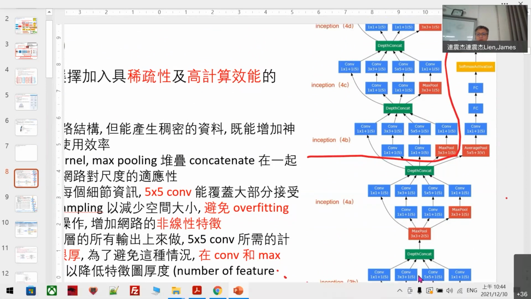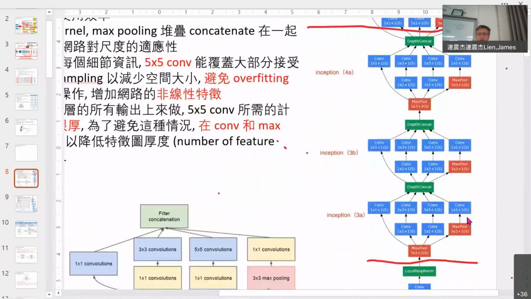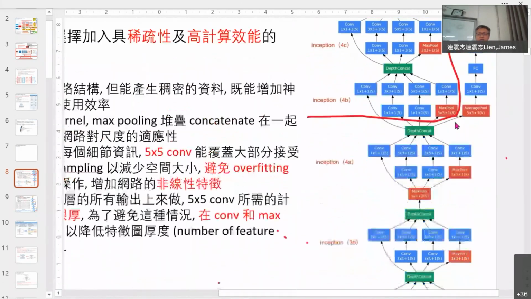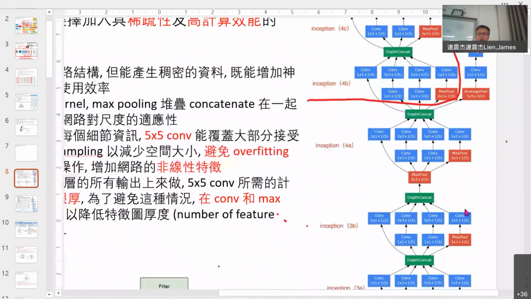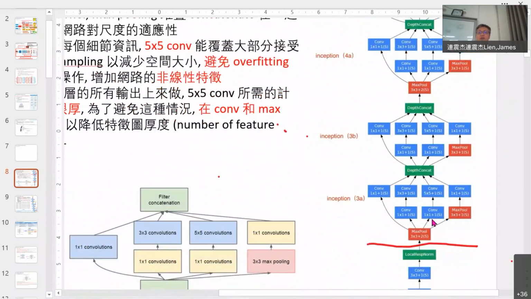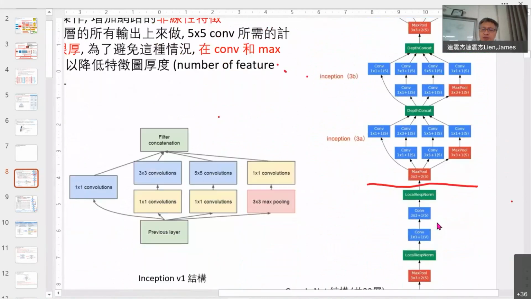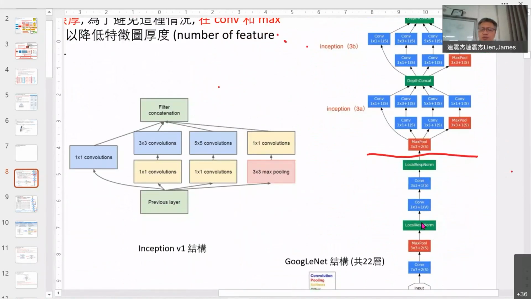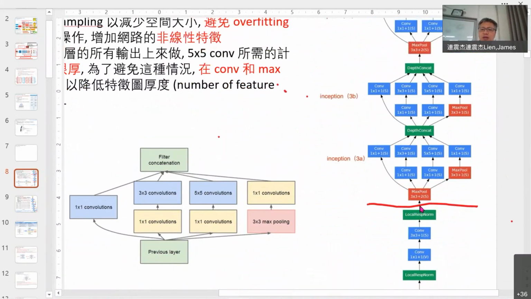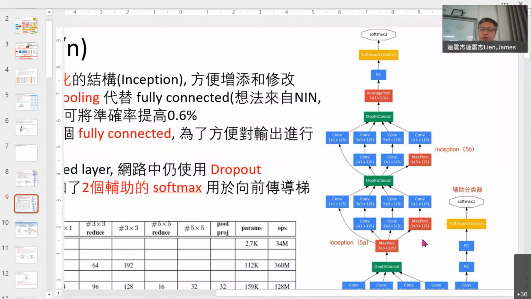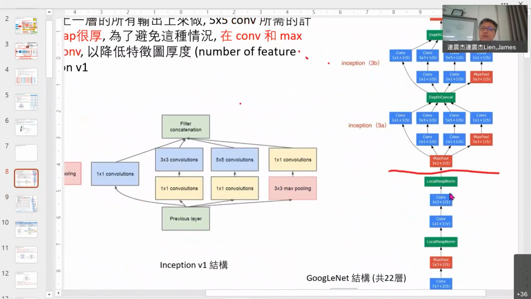So this is one block from here to here. The inception of GoogleNet is this one. It's regular input, extraction, and then inception.